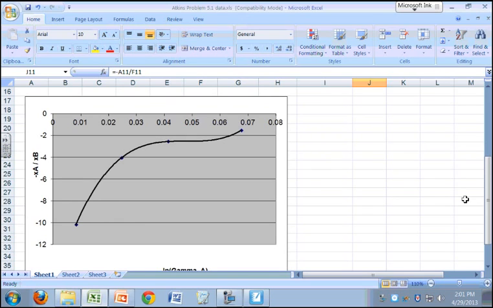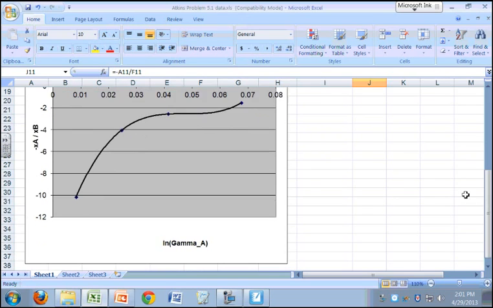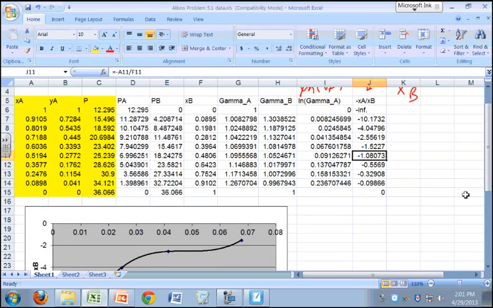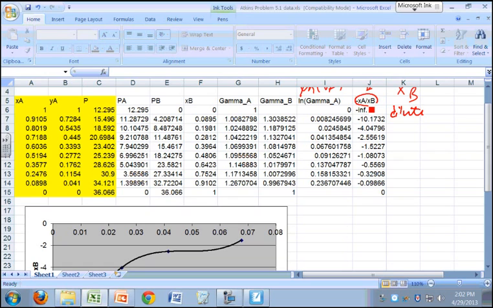So notice, look at what happens to your X of A, to your solution. Remember, we're treating A as a solvent, so this solution is dilute right here, right? So at very dilute solutions, this ratio, negative X of A over X of B, goes to negative infinity.